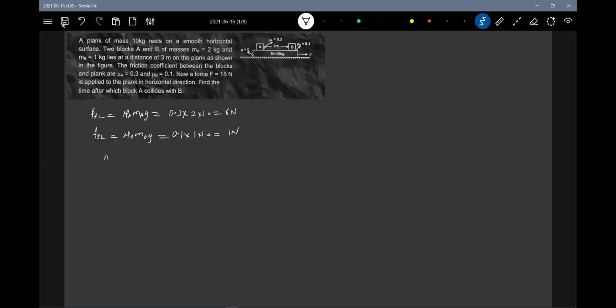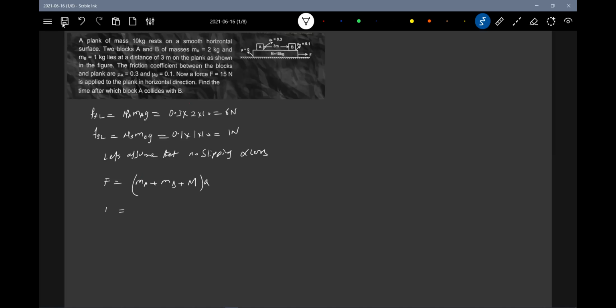Let's assume that no slipping occurs. Then F is equal to (M_A + M_B + M) into acceleration a.